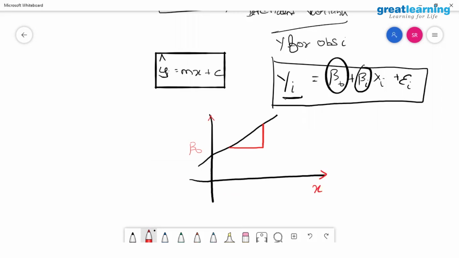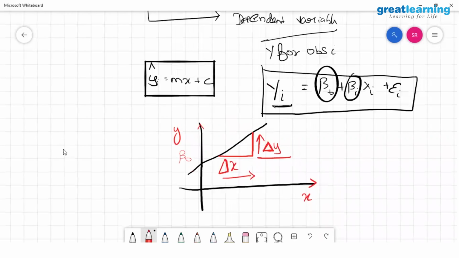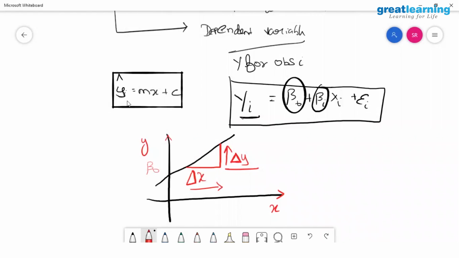This is x-axis, this is y-axis. For one unit change in x, delta x, what is a unit change in y? Delta y. So when we are asked for a simple linear equation, y cap is equal to mx plus c.